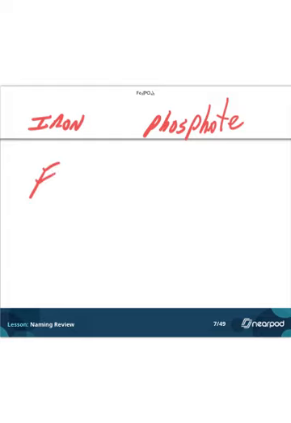Okay, I have iron and I have phosphate. Iron is a metal, and I don't know the charge of it. Iron can form multiple charges. So let's break this compound apart. I have 3 irons, and I have 2 phosphates.